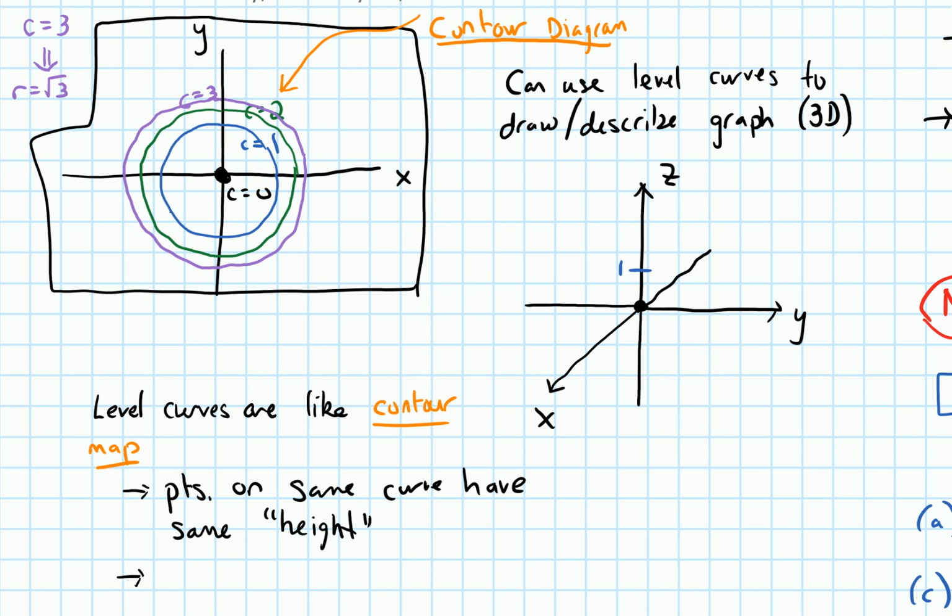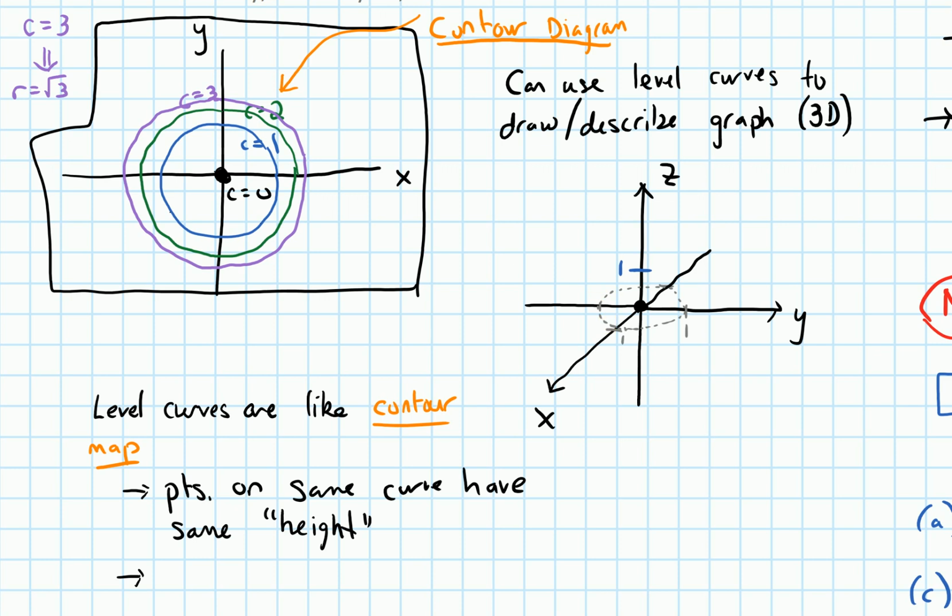The z-coordinate is going to be 1. So imagine we first drew the circle on the xy plane like we have it in our level curves. So we're going to go 1 unit in the x direction, 1 unit in the y direction, -1 in the x direction, -1 in the y direction. If I drew a circle there, let's draw it with a dashed line.